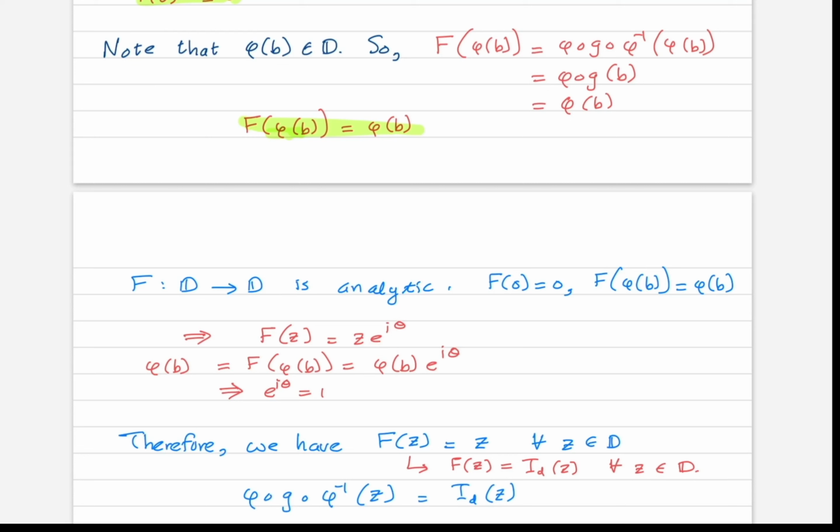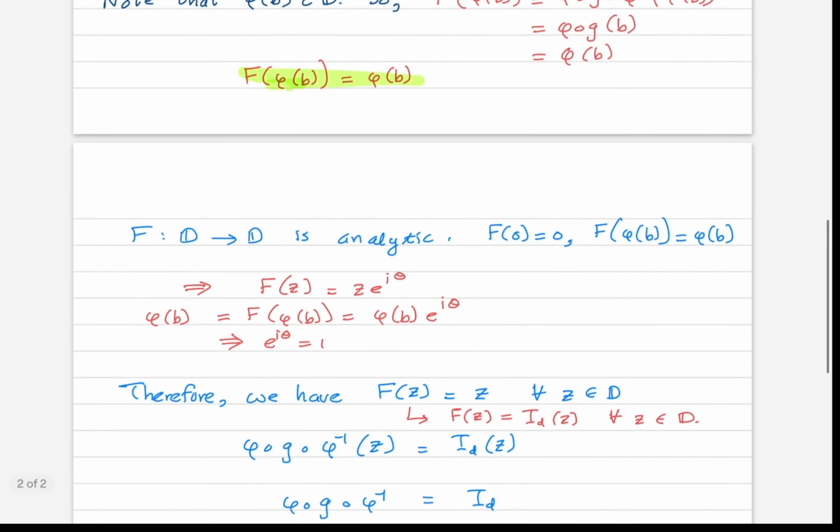But I can plug phi of B into the function, and then I would notice that e to the i theta is going to be 1. So F of z is equal to z, which means capital F is an identity function from the unit disk to the unit disk.